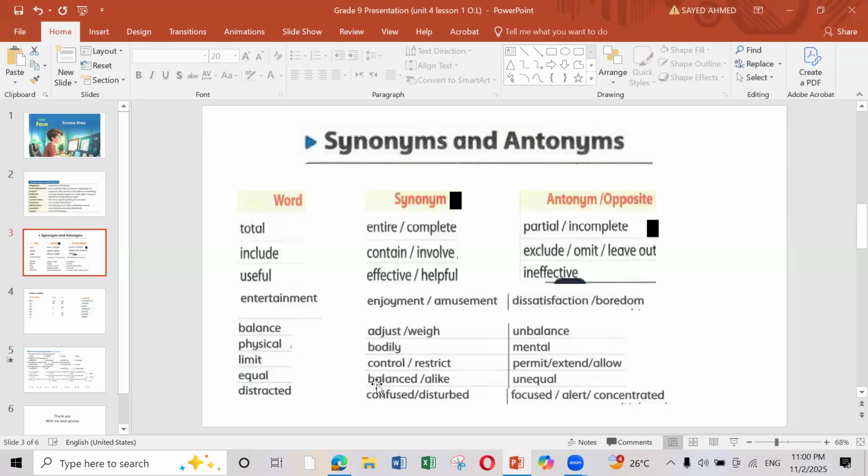Equal means balanced or alike, and the antonym is unequal. Distracted means confused or disturbed, and the antonym is focused, alert, and concentrated.